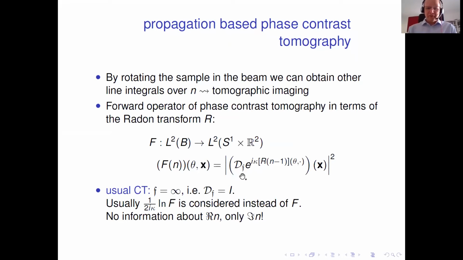The forward operator is given by the absolute value of the Fresnel transform applied to the exponential of essentially the Radon transform of the refractive index.